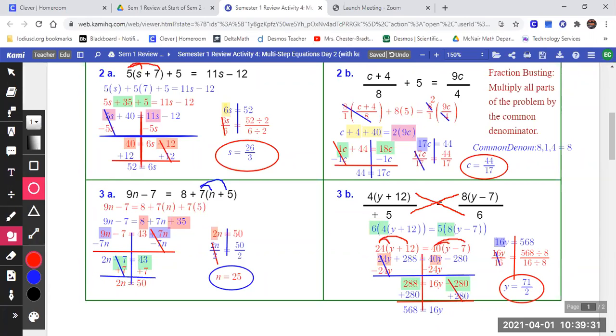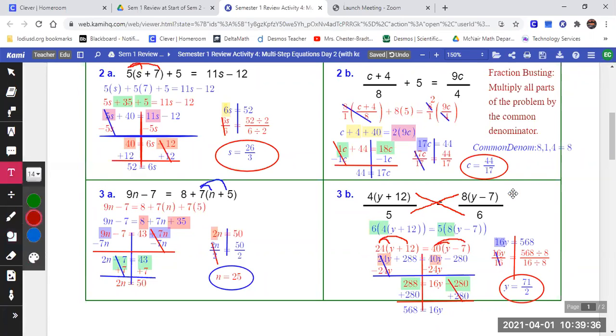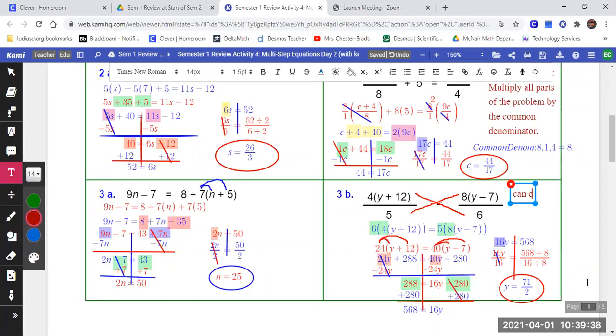Questions about the process? I want to put a comment on this very last one, that you cross multiply when two fractions equal and nothing else.